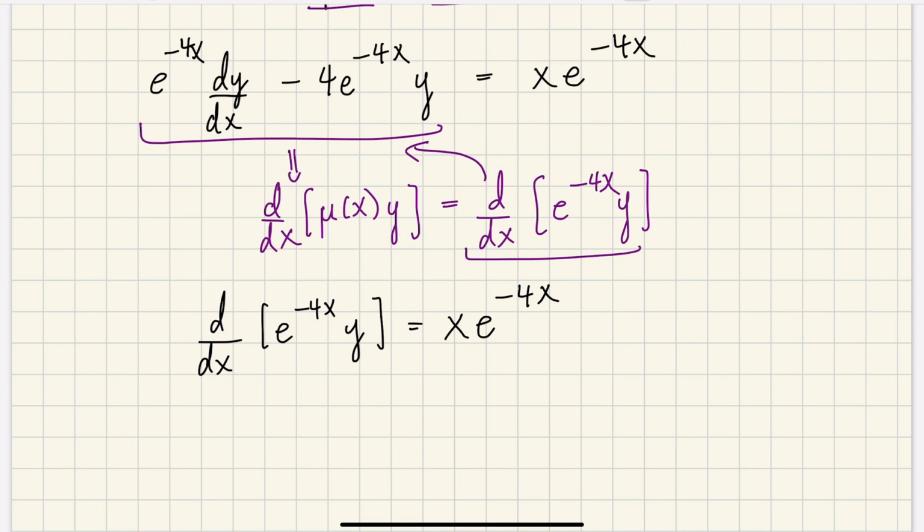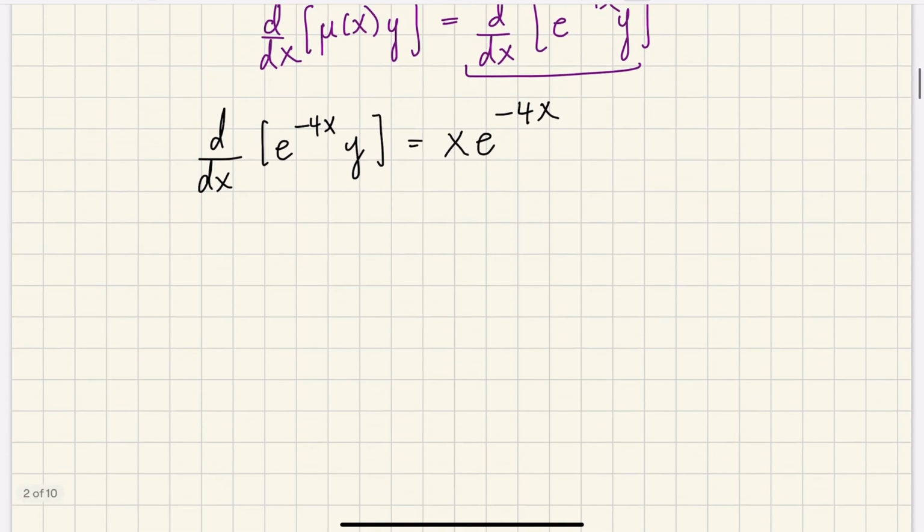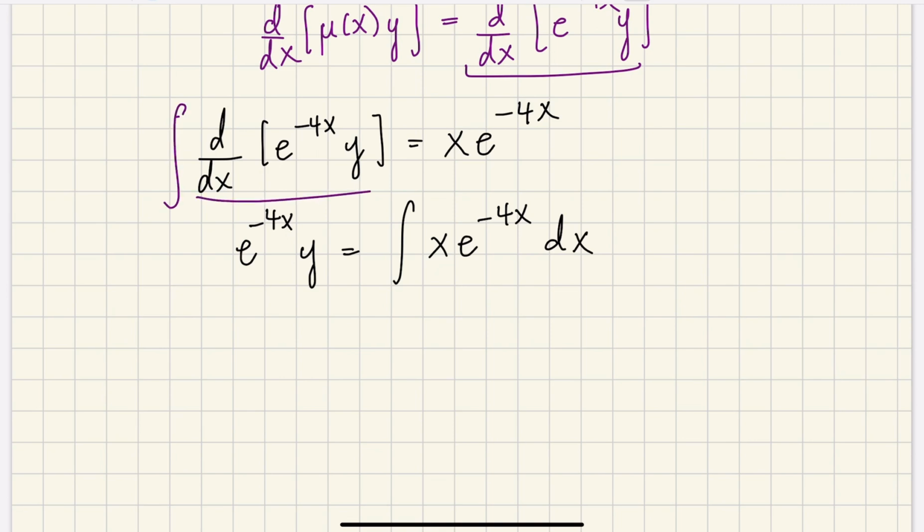Now we will integrate both sides with respect to x. You get e to the negative 4x y is equal to the integral of x e to the negative 4x dx. Notice right here, if I just take the integral of a derivative, it's just this expression.